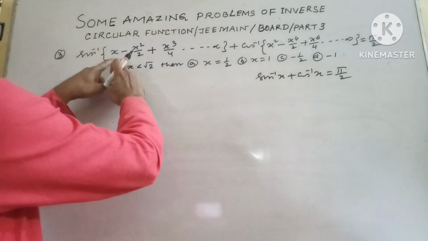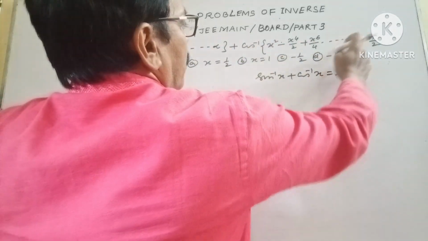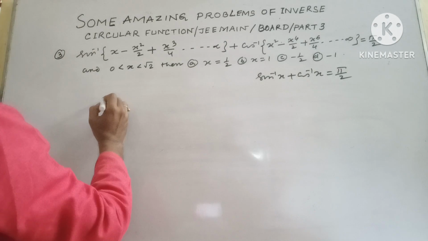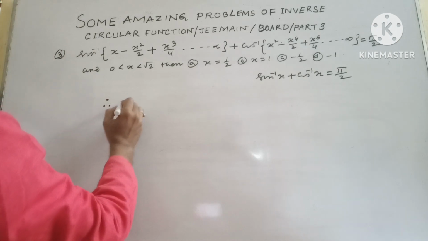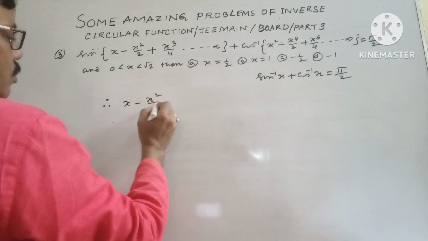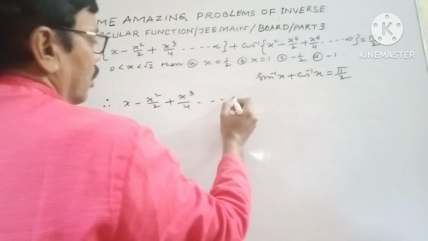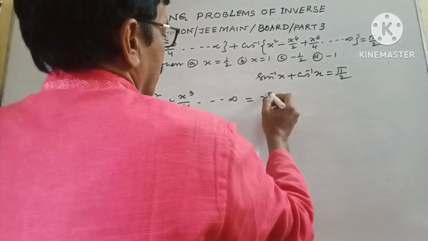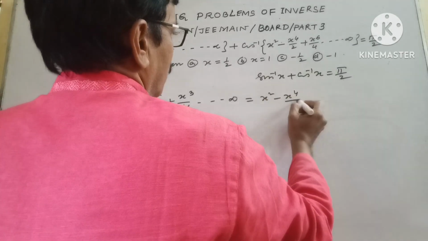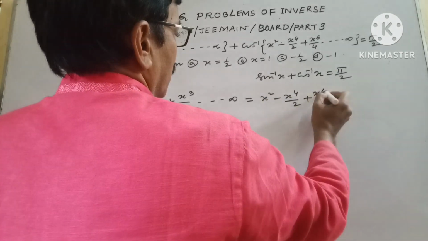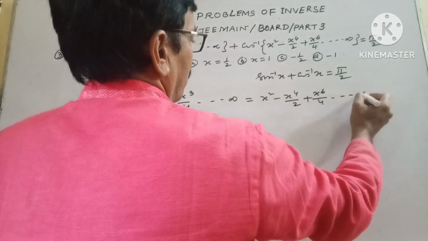So this argument and this argument must be the same. Therefore we get x minus x square by 2 plus x cube by 4 equals x square minus x4 by 2 plus x6 by 4 dot dot infinity.